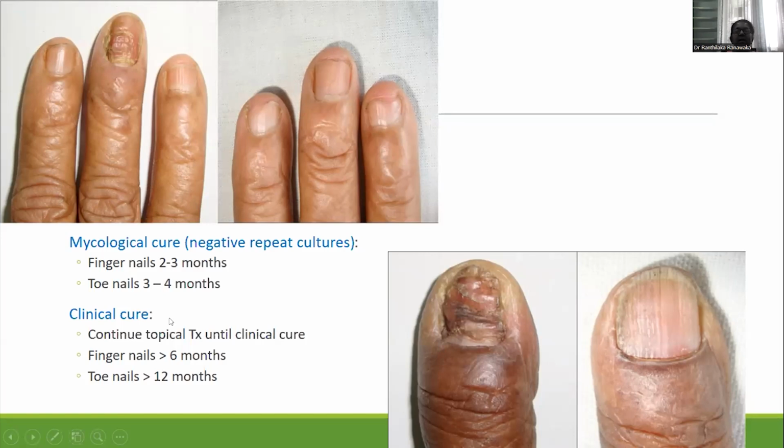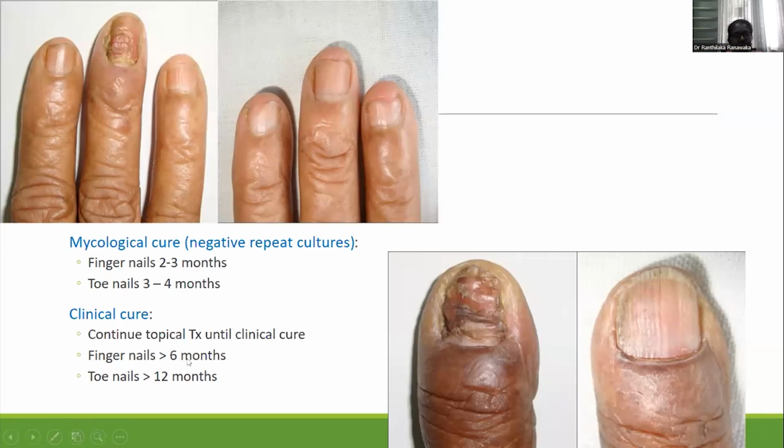But we can't assure that. Even if we treat for these 2 to 3 months, toenail 4 months, we are not going to assure that. We tell them, no, we can't tell whether you will get the normal nail. And how long it will take to get the normal nail, we also don't know, right? So for clinical cure, they can continue topical treatment until clinical cure because there are no side effects.